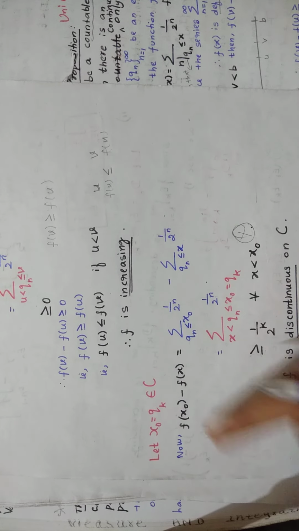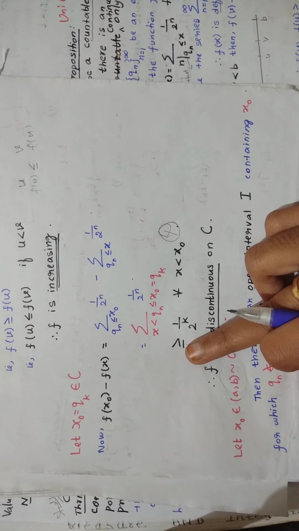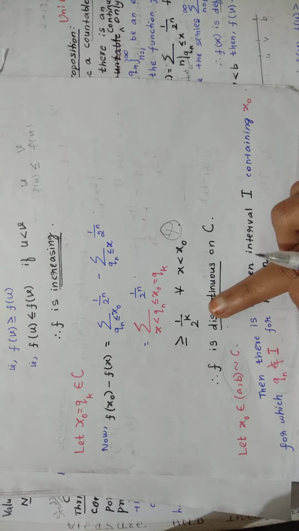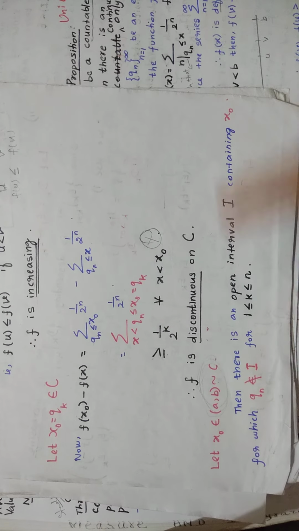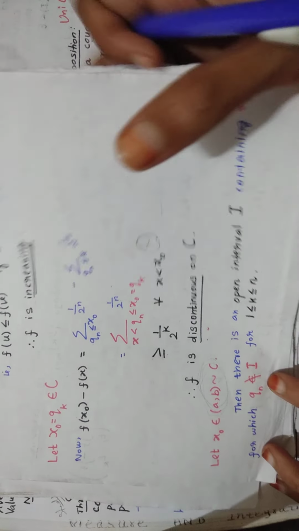So to prove that you are finding f of x naught minus f of x. You will get this. So finally you got this also, because greater than or equal to means it is not satisfying the definition of continuous, so you are saying it is discontinuous. Now you are taking a point x naught from here and you are going to find f of x minus f of x naught.